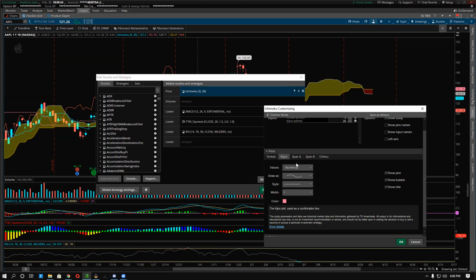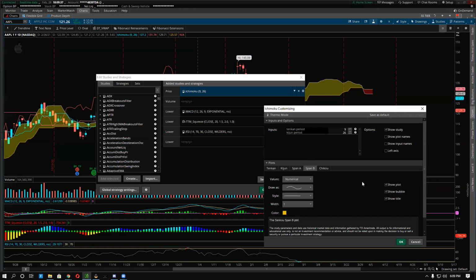Like I was saying, the blue line's conversion and our red line is going to be our baseline. Then we're going to have our span A line, which is one of our leading lines, and then our span B. These two lines are basically going to form the cloud in the Ichimoku Cloud indicator.